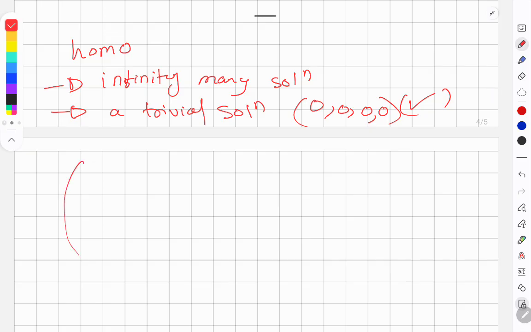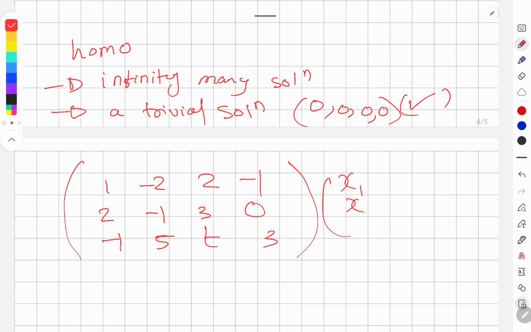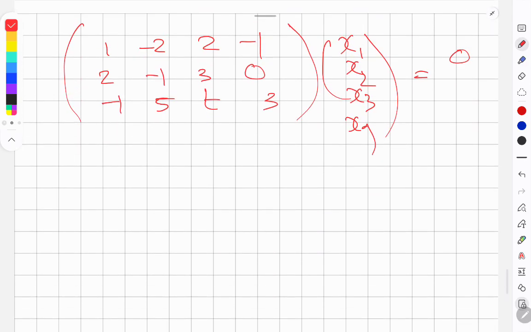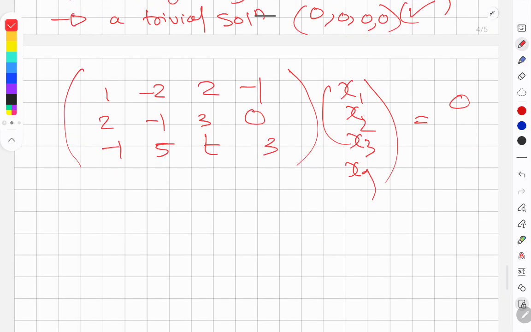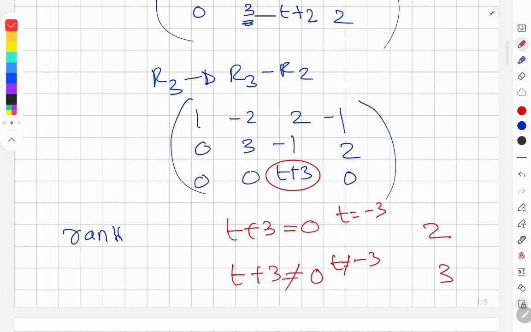So it's basically asking about this matrix: 1, -2, 2, -1, 2, -1, 3, 0, -1, 5, t, 3. When you solve this equation with x1, x2, x3, x4 equal to 0, you will first do the echelon form, as I have already done in the first question.